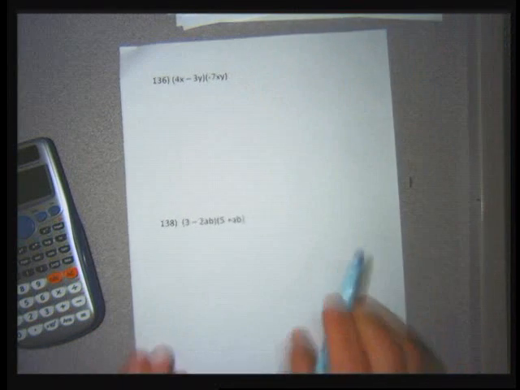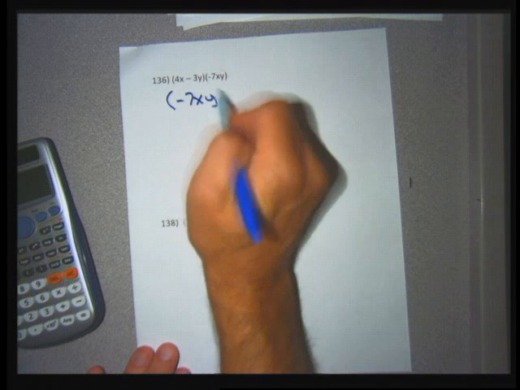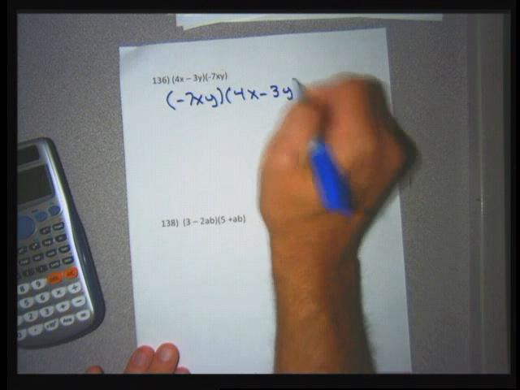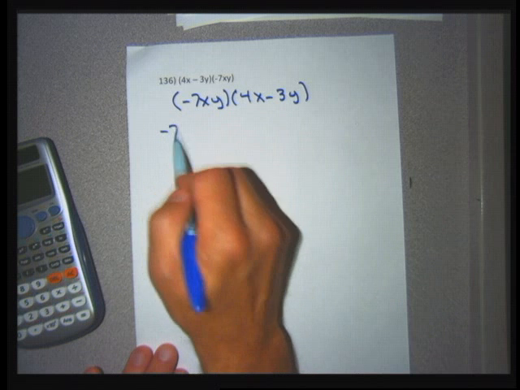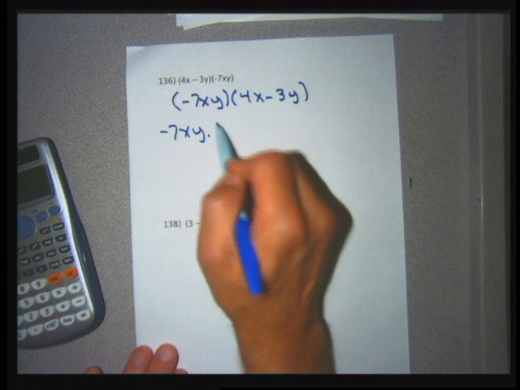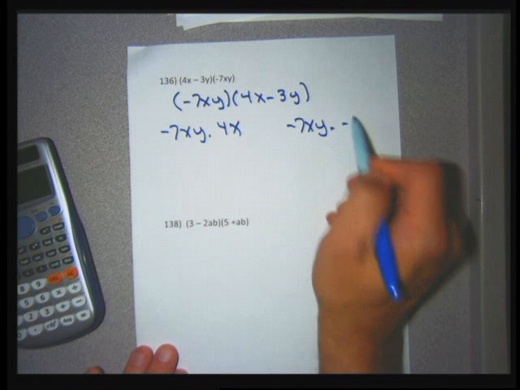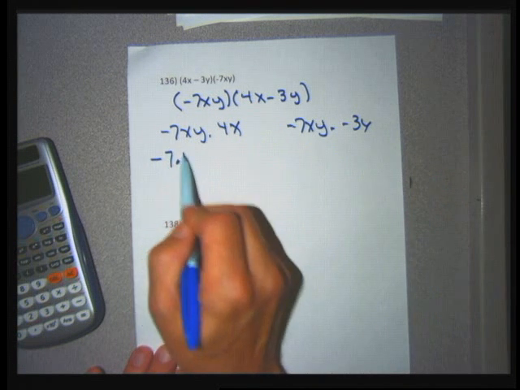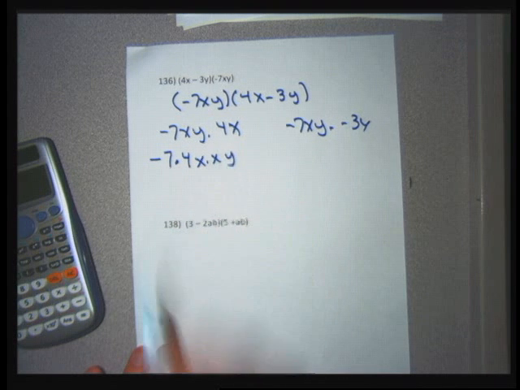Almost to the end of this thing. Last two problems. 136 even, I'd probably write in an order that I'm more used to because multiplication is commutative. You can switch the order. And now I'm going to go minus 7xy times 4x and minus 7xy times minus 3y. For this one, it's minus 7 times 4, and then the x's are multiplied and the y tags along.